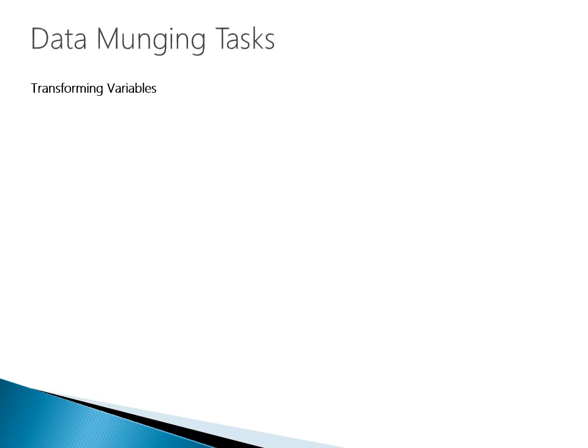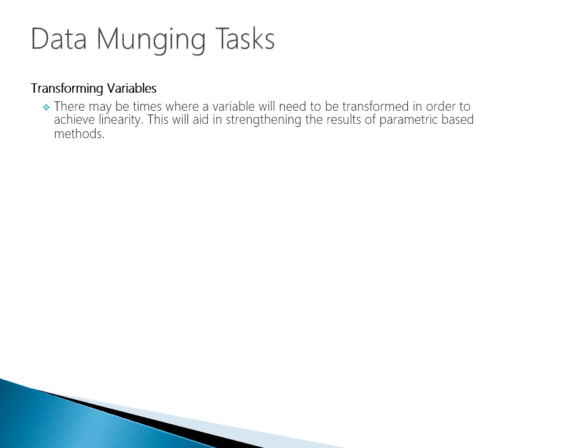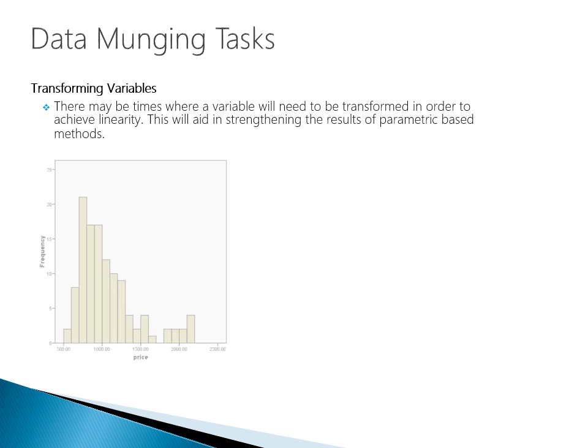The transformation of variables. This is a topic that we're going to get into in quite some detail later on in the presentation, but there are many times where a variable will need to be transformed in order to achieve linearity. Okay, and this aids in strengthening the results of parametric-based methods.